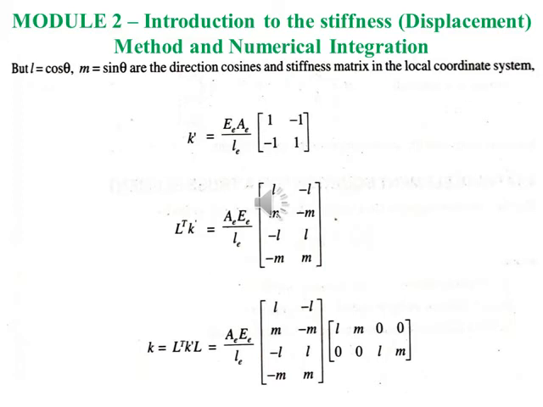So on simplification and multiplication of these matrices, we will get the global stiffness matrix for the truss element, which is represented in the next slide.